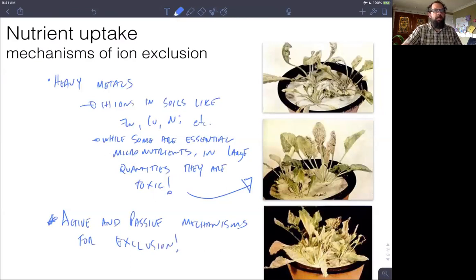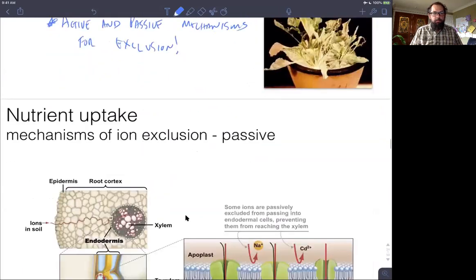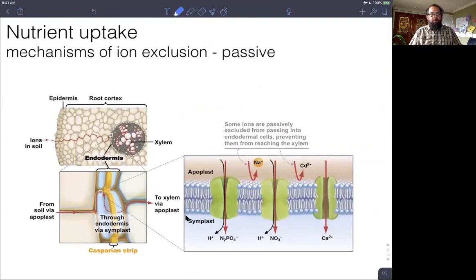So let's take a look at some of those mechanisms for excluding these ions, and I'll mention first the passive one that we've mentioned before, the Casparian strip. As we know, water with all of its dissolved nutrients and ions can move through the apoplast and make its way to the endodermis.